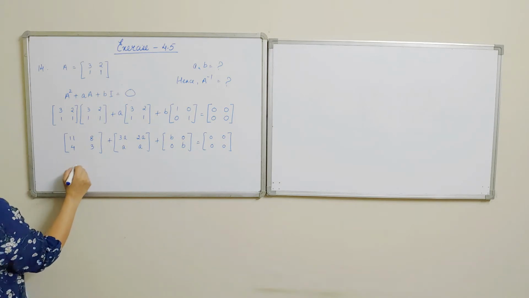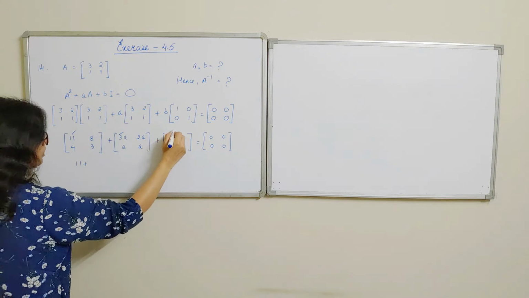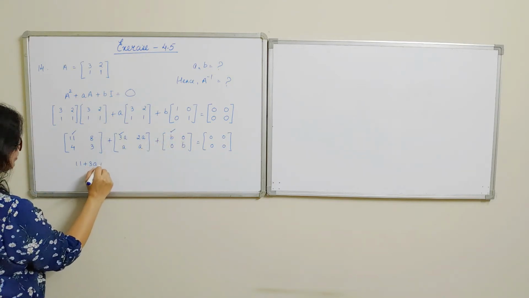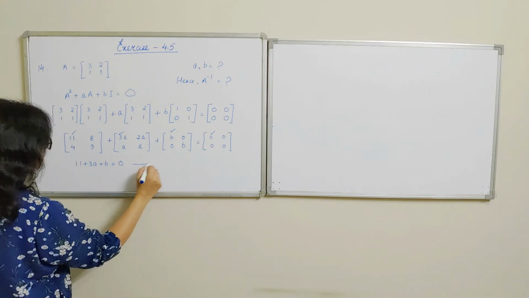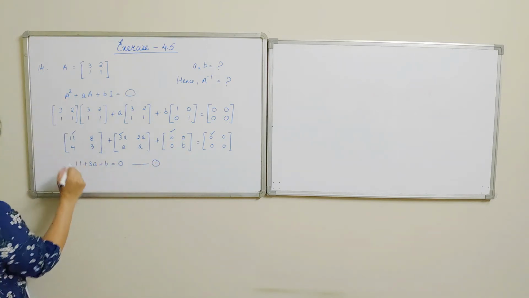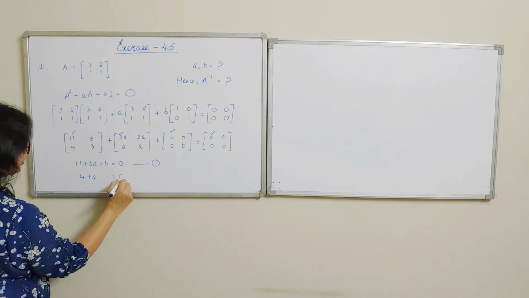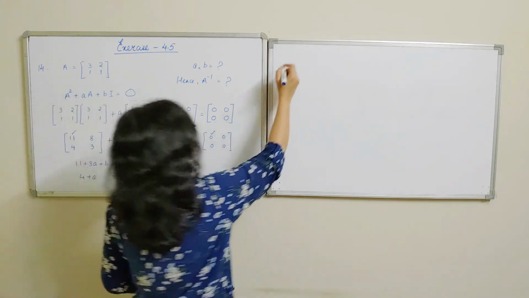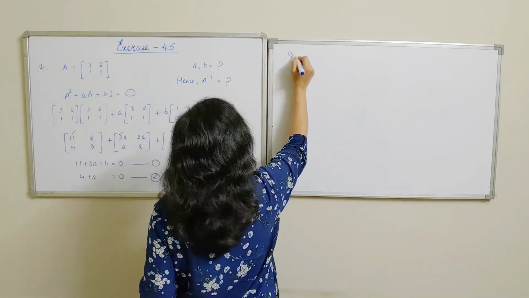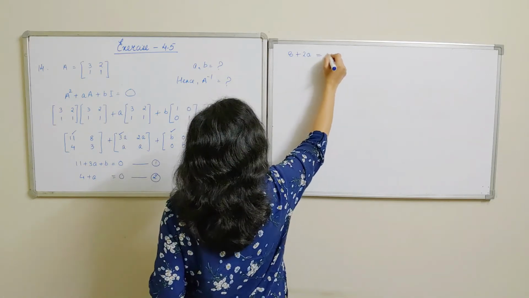And now I can write down directly also that sum of these three elements will be equal to 0. That's equation 1. Likewise, 4 plus a plus 0 is 0. That's equation 2. And the third equation that we get is 8 plus 2a is 0.